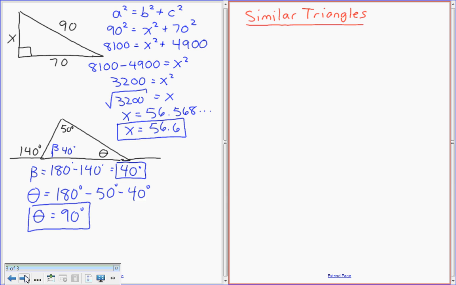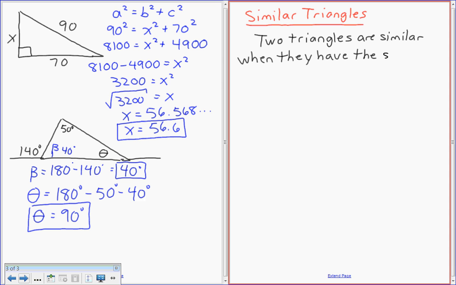We're going to say 2 triangles are similar when they have the same shape, which really means the same angles.